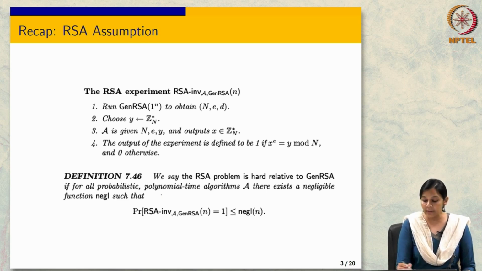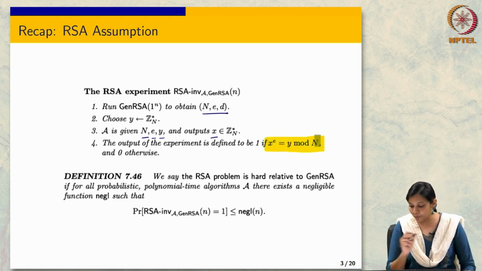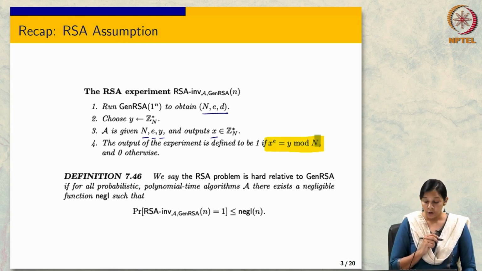Here you run the procedure from the previous slide, you get N, E and D, and then you choose a random y from Zn star and you give any polynomial time adversary N, E and y. It is supposed to output an x such that x to the E is congruent to y in Zn star. If this condition holds, then we say that the output of the experiment is 1, otherwise 0.